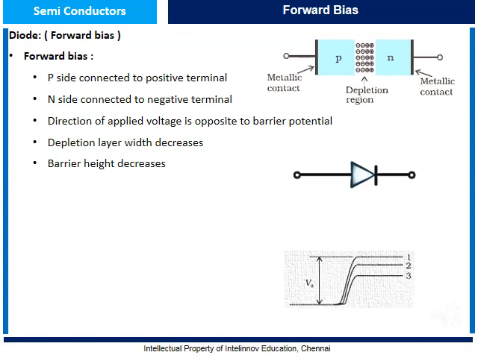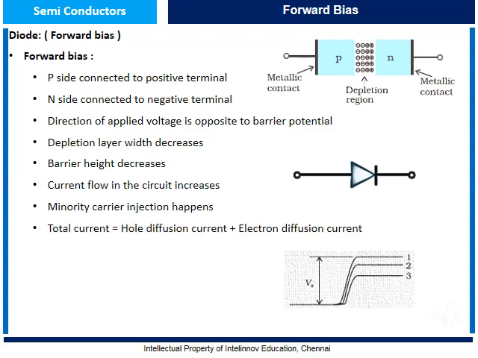This allows the current flow to increase in the circuit. Here minority carrier injection happens, and total current in forward bias is equal to hole diffusion current plus electron diffusion current. In case of forward bias, magnitude of current is measured in milliamps.